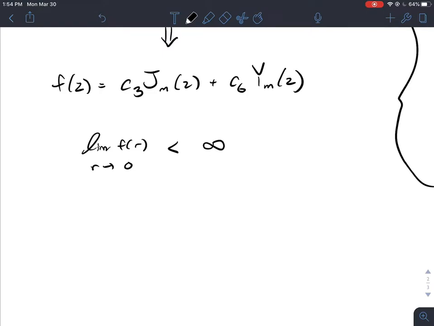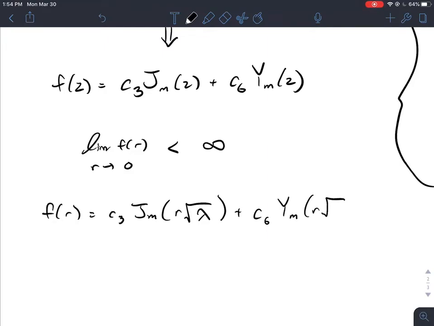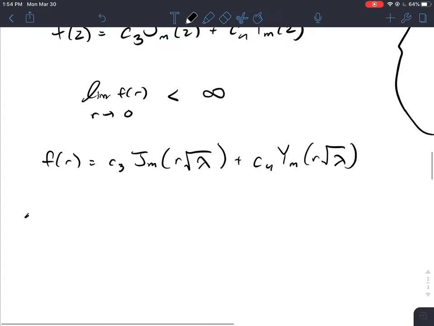In applying this limit to our f of z function, remember that it can also be written as f of r equals c3 J_m of r square root lambda, because that's how we defined it earlier, plus, let's make this constant c4 just to go with the flow, Y_m of r square root lambda.